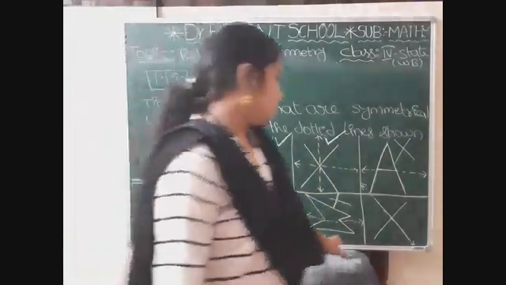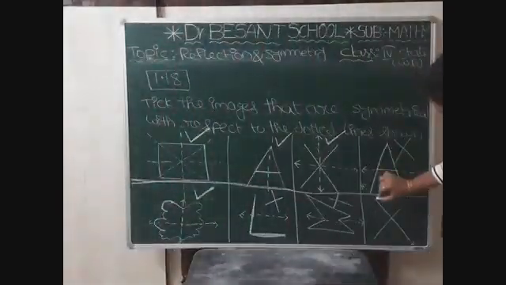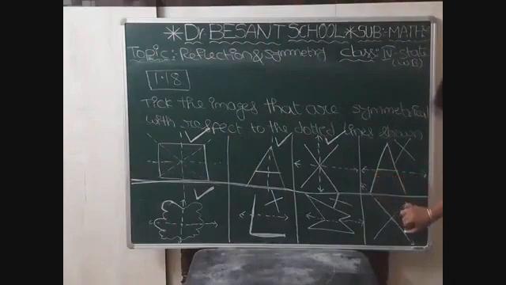Okay, now coming to this X. See children, if we draw the line like this, are both these two parts reflections to each other or not? Both these parts are reflections to each other. A slant line, both these parts are reflections to each other. That's why put a tick mark on this X.